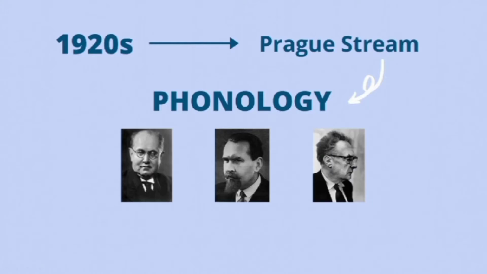They emphasize the function of the distinguishing element in language structure. In English, the phoneme p and the phoneme b are two different phonemes, because they represent contrasting meanings, say pin and bin have different meanings.